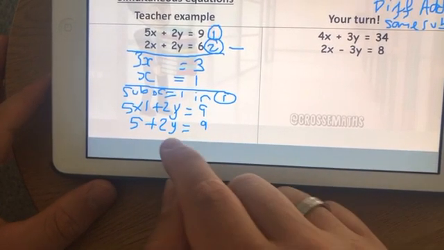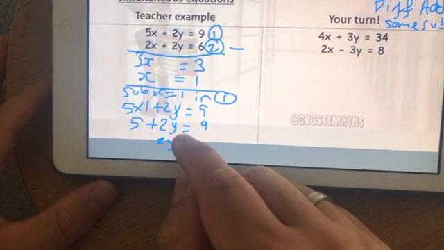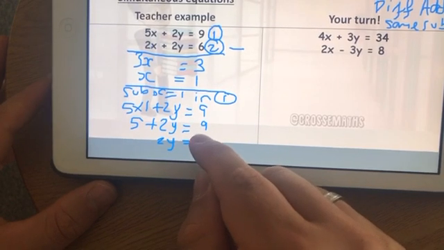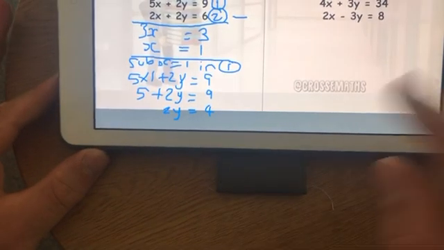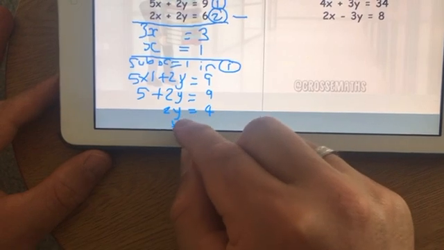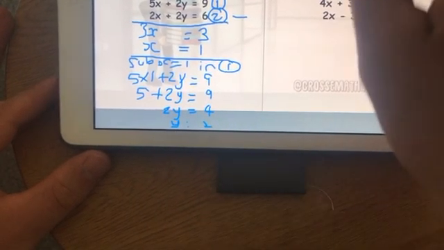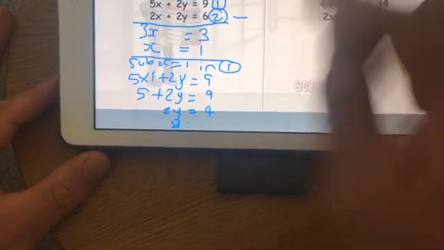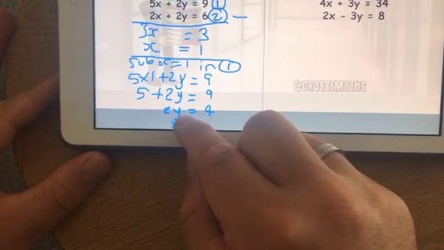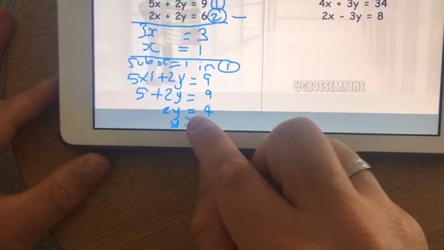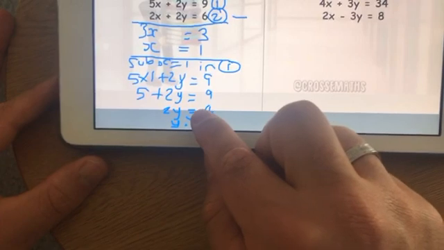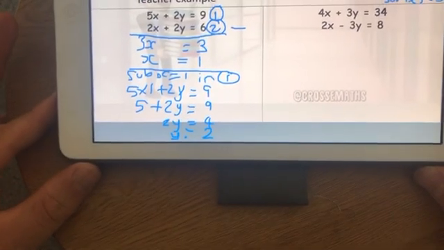I'm going to take away 5 from both sides, so I end up with 2y equals 4. If 2y equals 4, I divide by 2, and y gives me 2. Y equals 2, down the bottom.